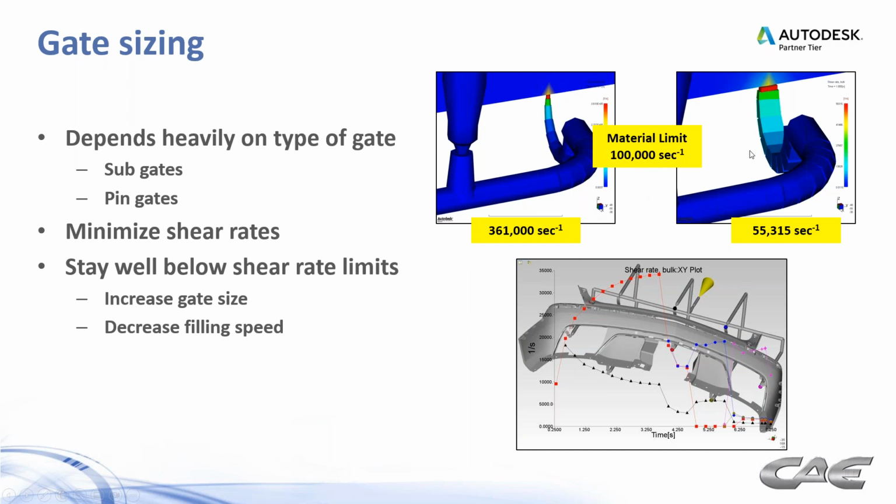And then when we switch to a rectangular cashew gate, with a little bit more thickness and width, that allowed the shear rate to be reduced considerably and well below the material limit. And we do try to stay well below that material limit. These are relatively generic numbers that come out of the Moldflow database. They're not specifically tested for, so we need to stay well away from that published material limit.